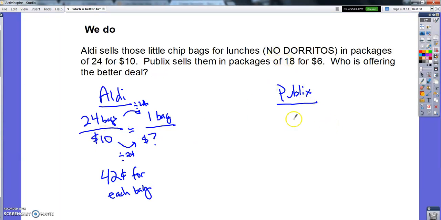Let's check Publix here. Publix is offering 18 bags, fewer bags, for $6. Fewer bags, less money. So they're offering one bag for how much money? Here I'm dividing by 18, so I've got to divide by 18.